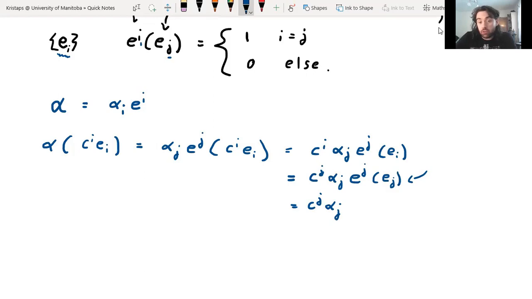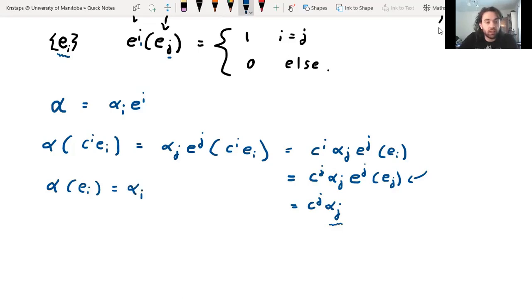So we want to determine what these coefficients are. Imagine instead of having this sum, if we just had alpha acting on a single one of these basis vectors, then that gives us precisely alpha sub i.